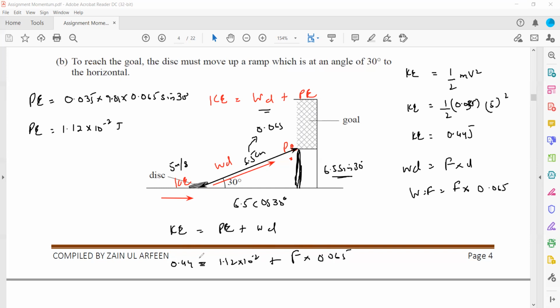So 1.12 times 10 to the power minus 2 will move to the other side, and we divide by 0.065, so we get the force, which is about 6.56 newtons. Is this question clear? That is how we work out the frictional force which is opposing the motion.